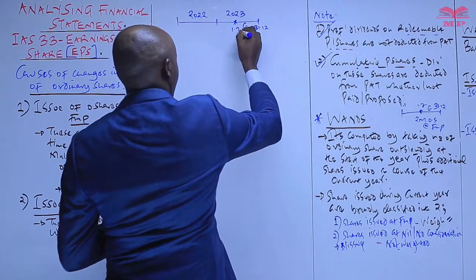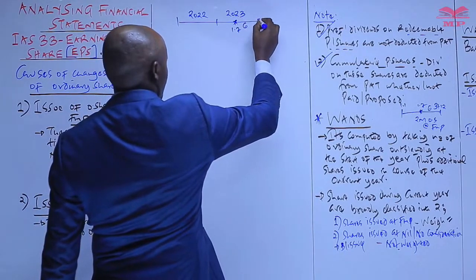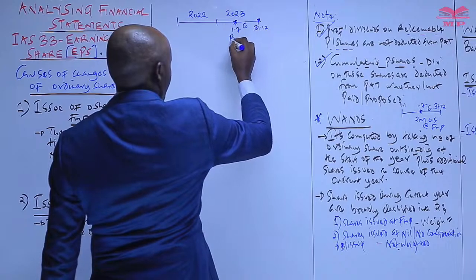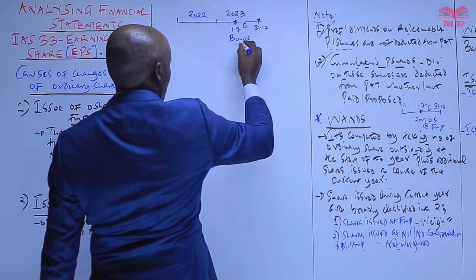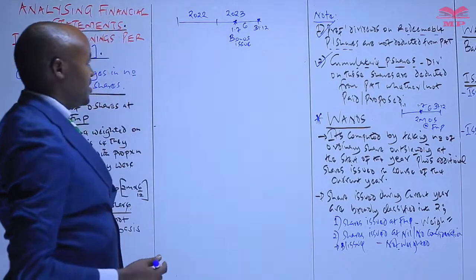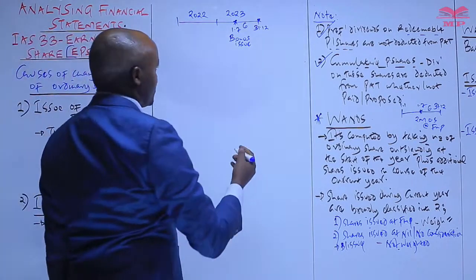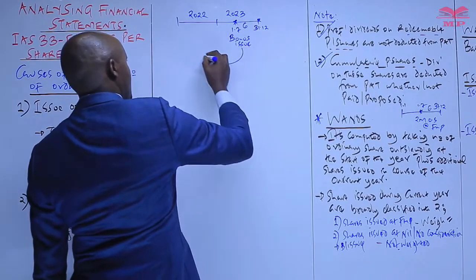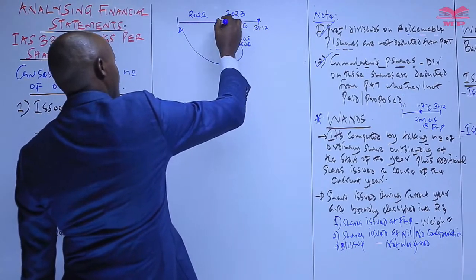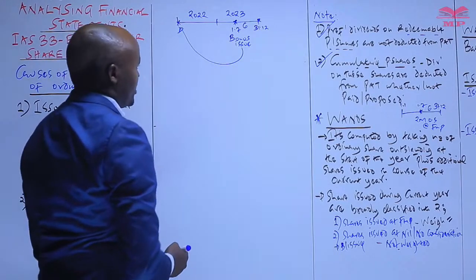We may be told that on 1st July of that year, which is 6 months to the end of the year, the company made a bonus issue. So we are saying that these shares are assumed to have always been in issue, not issued at the start of this year, but at the start of 2022.